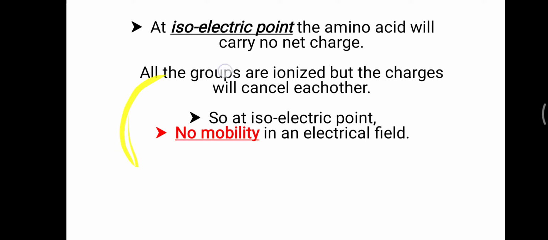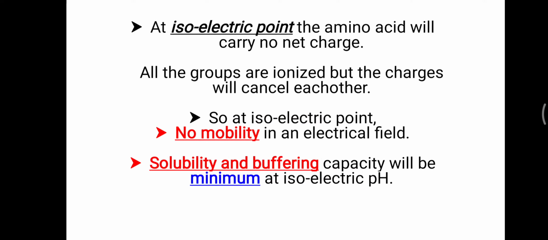When kept for electrophoresis at that particular isoelectric pH, it will show no mobility in the electrical field, but solubility and buffering capacity will be minimum at the isoelectric pH. We also have to keep in mind, when making a buffer solution, we have to keep the pH as per the isoelectric point, or according to the isoelectric point we have to calculate the pK1 and pK2 values.